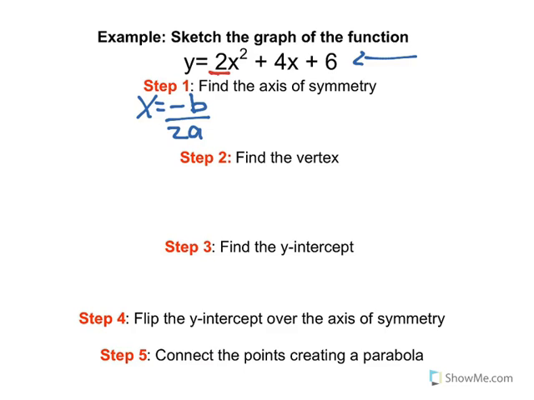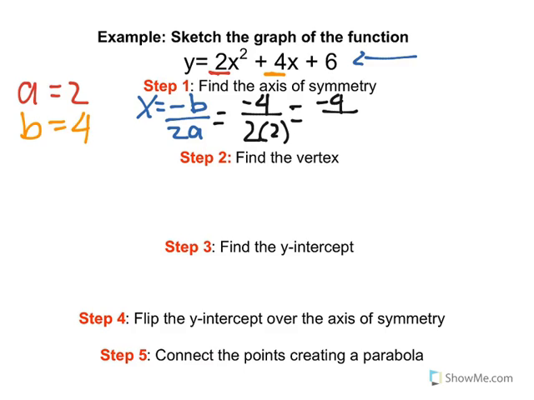Our a value is 2 and our b value is 4, so we're going to plug them in. It's negative 4 divided by 2 times 2, which gives us negative 4 over 4. So x equals negative 1. This is our axis of symmetry.